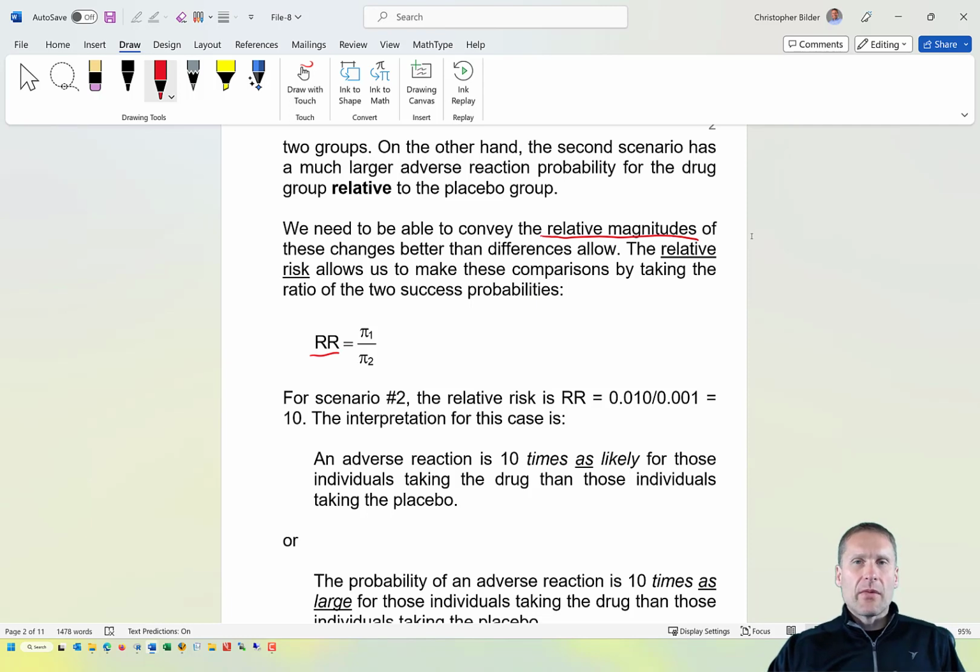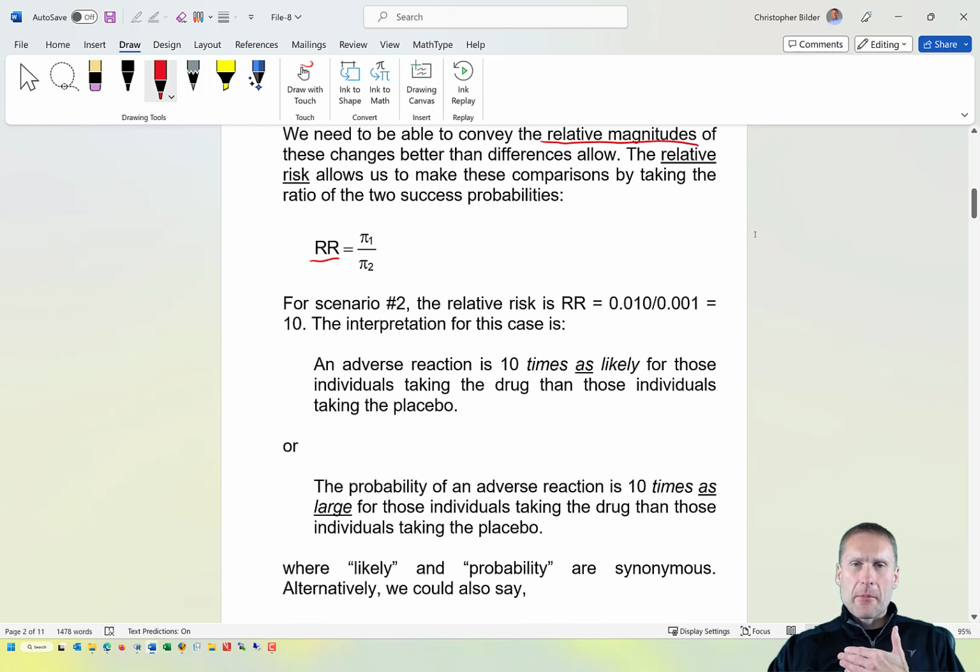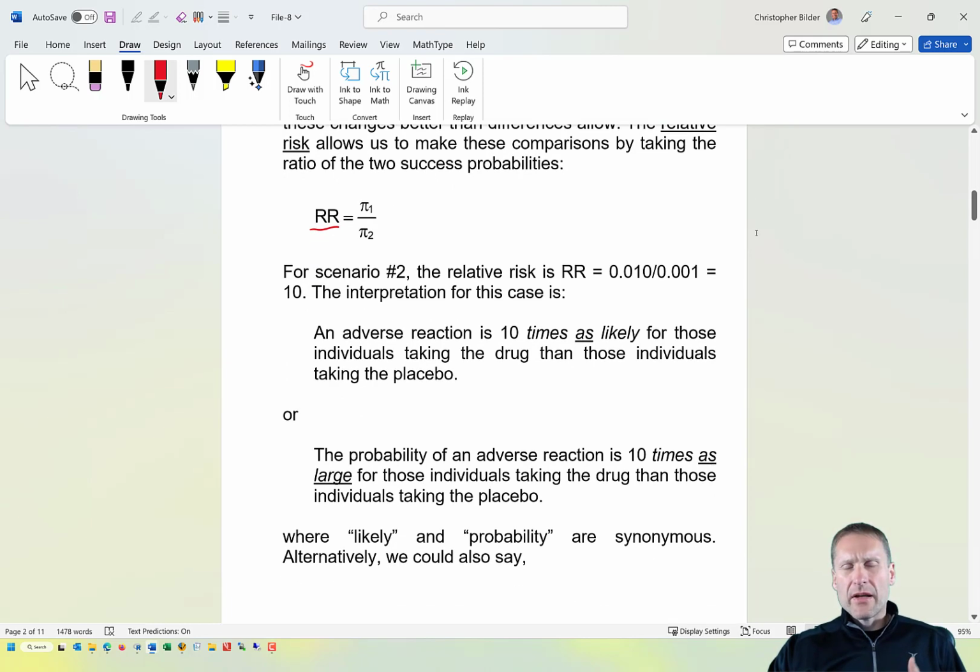Now here are some ways to interpret this relative risk. As I was alluding to before, sometimes the relative risk can be misinterpreted. So it's very, very important to get this correct. So we're going to spend some time talking about the interpretation here.